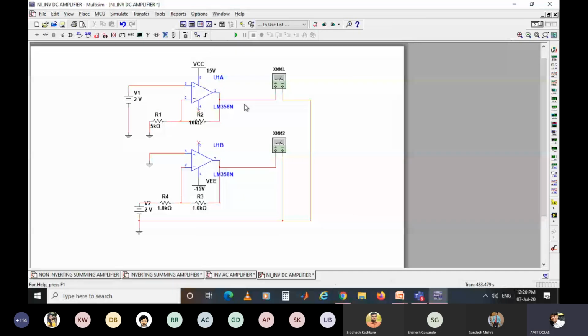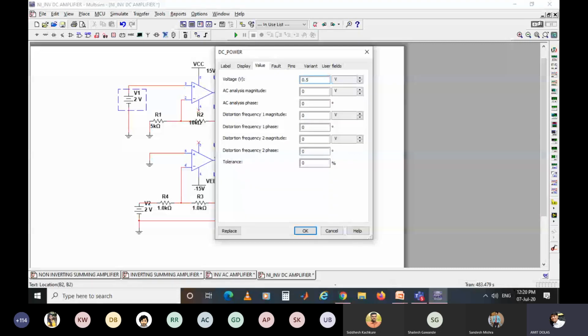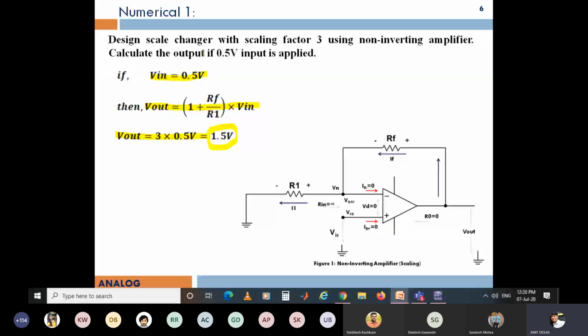And what is the input voltage? Input voltage we have is 0.5 volt. So I made changes as per this: 0.5 volt is input, and the calculated values of Rf and R1. And I will run this circuit.